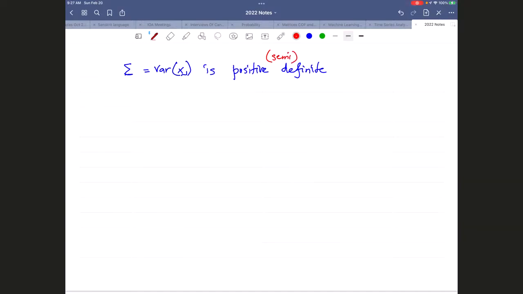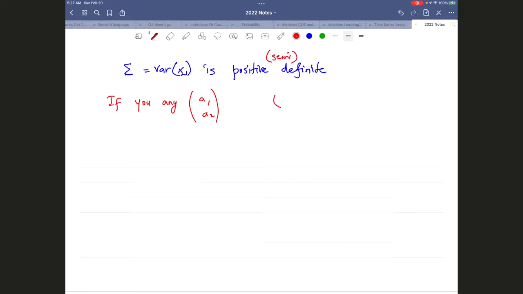Semi-definite. That means in the mathematics, what it says is that if you take any vector of real numbers, the usual numbers, I'm going to simply write it like this. I don't want to put x. I'm going to put, let's say, a1, a2.